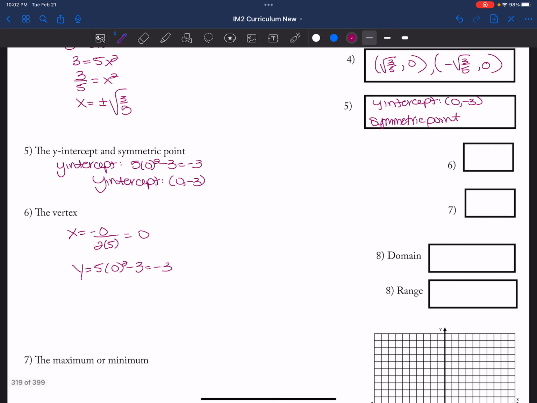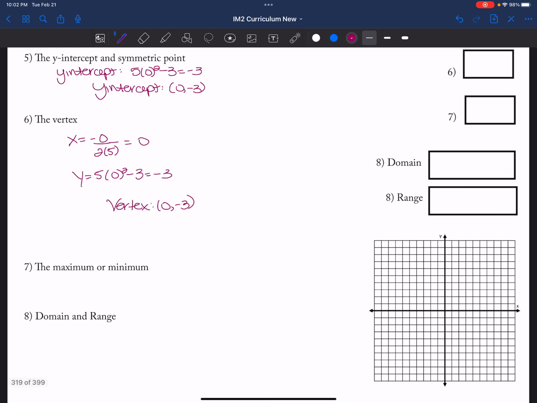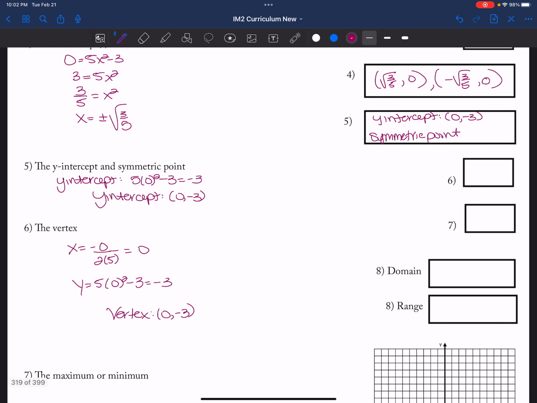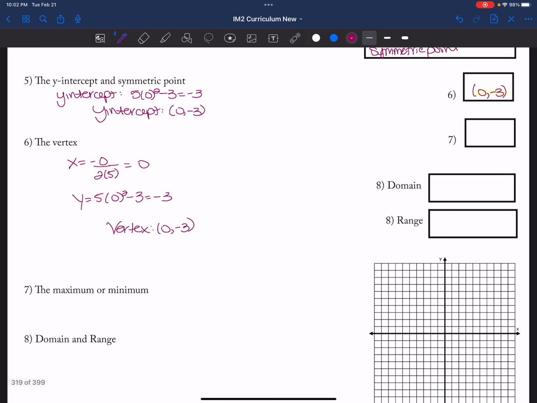So my vertex is 0, comma negative 3. Which makes it hard, because the y-intercept is also the vertex. So you're going to have to do something different.